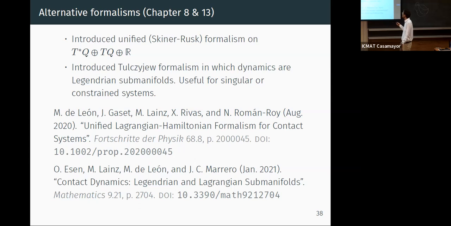In this formalism, the dynamics are just special kinds of submanifolds in contact geometry, which are called Legendrian submanifolds. This formalism is especially useful when you have singular or constrained systems, because you only deal with submanifolds, not with vector fields, which can give you more problems.